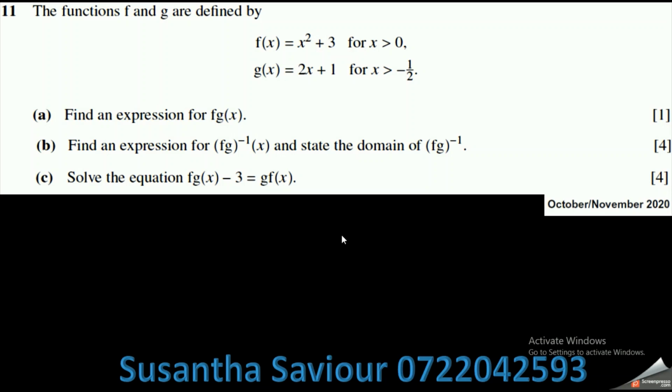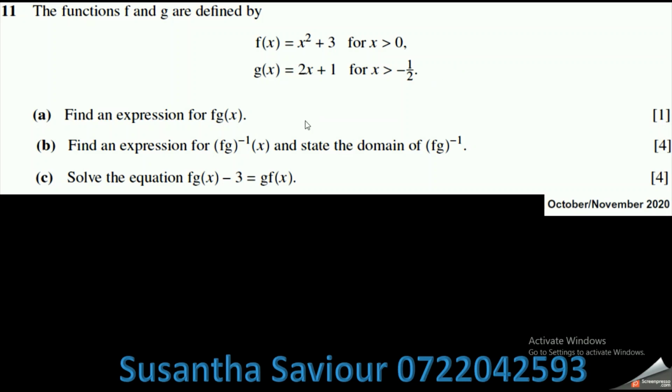Functions f and g are defined by f(x) equals x squared plus 3, x is greater than 0, and g(x) equals 2x plus 1, x is greater than minus half. Note the fact that equality is not there. Remember these two domains, and if you just have an idea about the range of this f(x), it is greater than 3, and the range of this one is greater than 0.